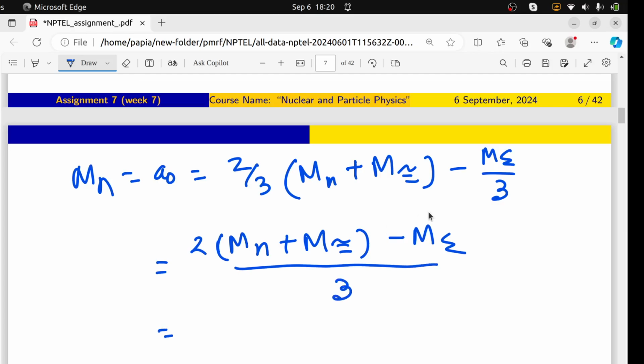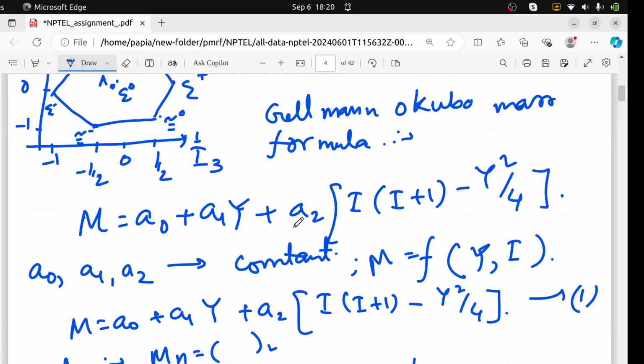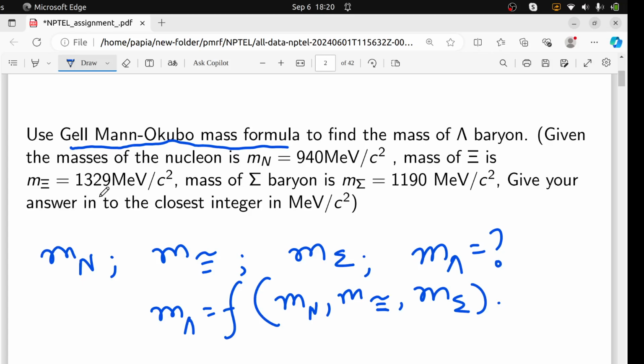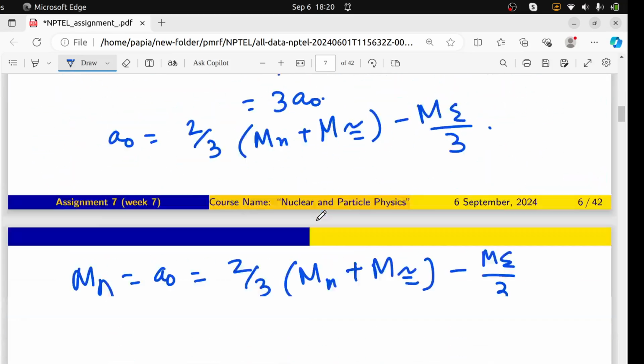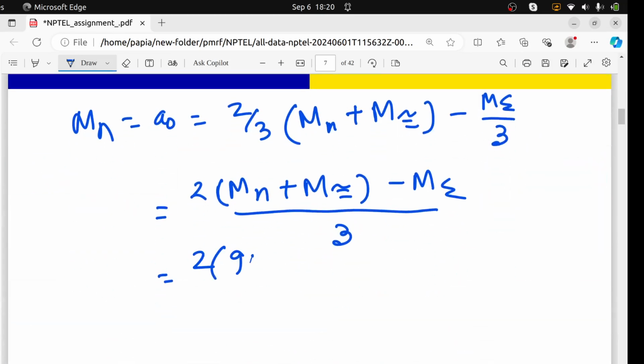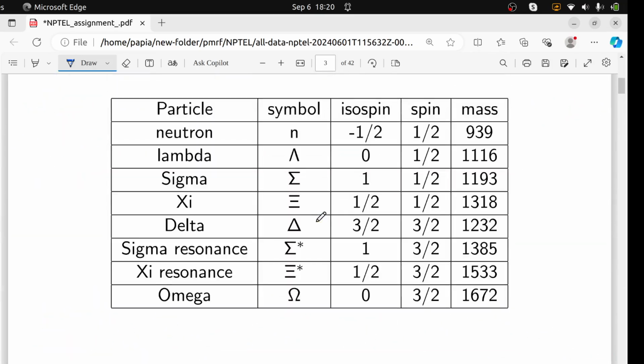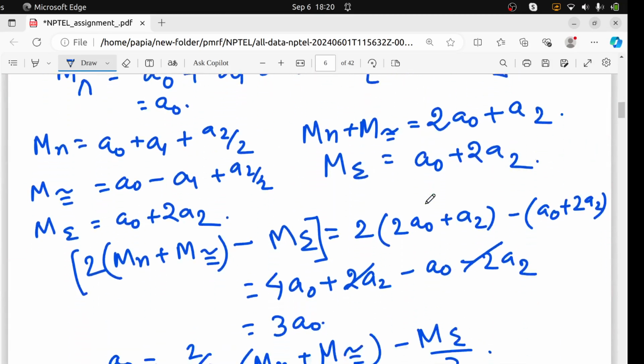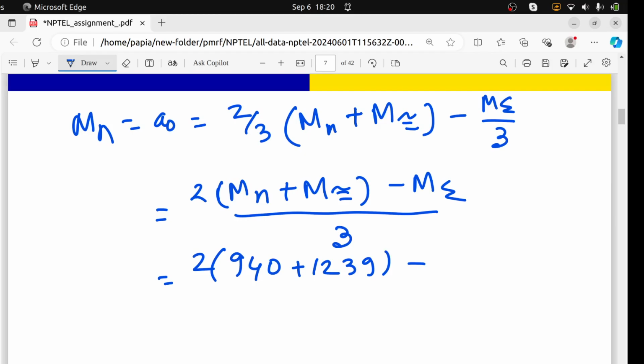Now we got the expression for M lambda in terms of Mn, M sigma and M cascade. Now we will just put in the values of the different masses given in the question. So the masses are 940, 1239, 1329 and 1190. So 940, 1239, and M sigma is 1190, divided by 3.